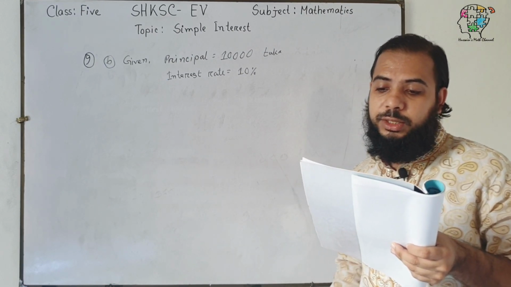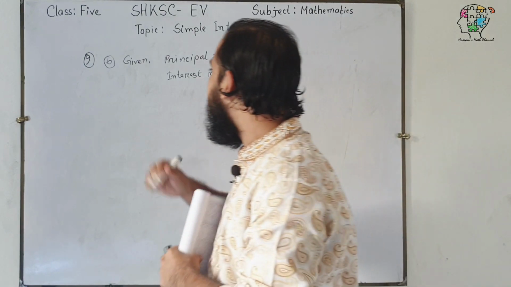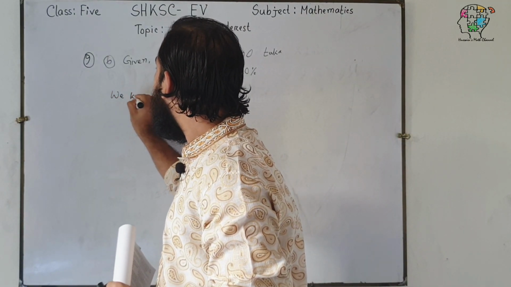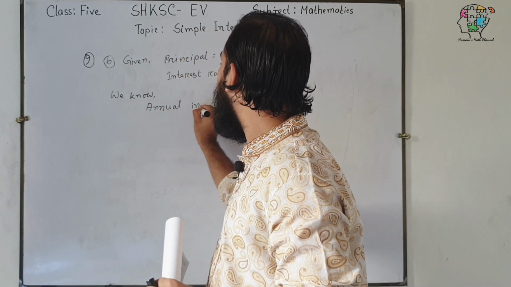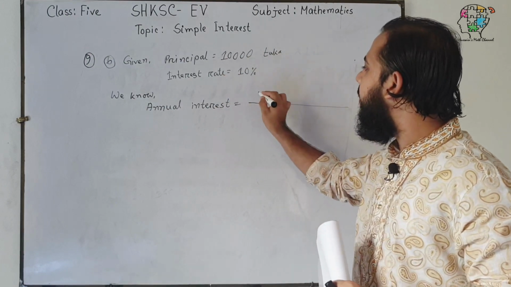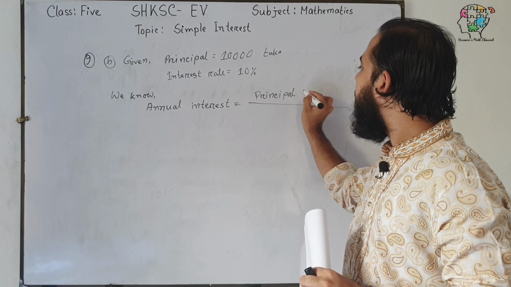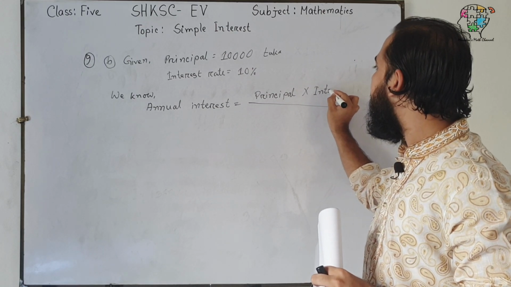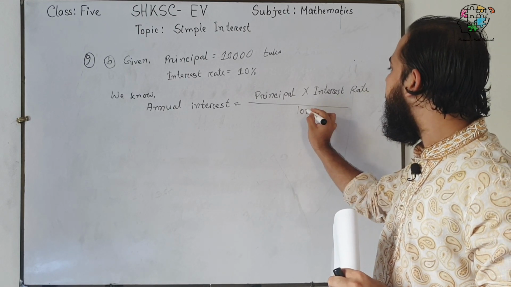So how much would she pay back? So at first we need to find the annual interest. So we know annual interest equal to, we have to write the formula, principal times interest rate, and then we divide by 100.